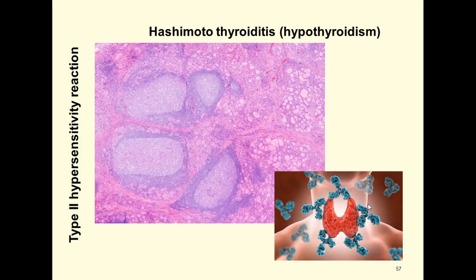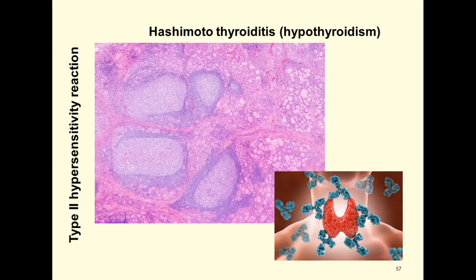Here you see antibodies attack the thyroid gland. So, in the result of Hashimoto thyroiditis, we have sclerosis and atrophy of the thyroid gland. That's why we have hypothyroidism.